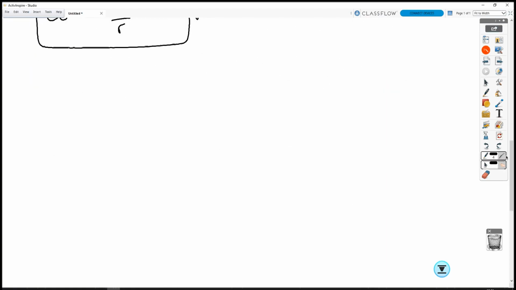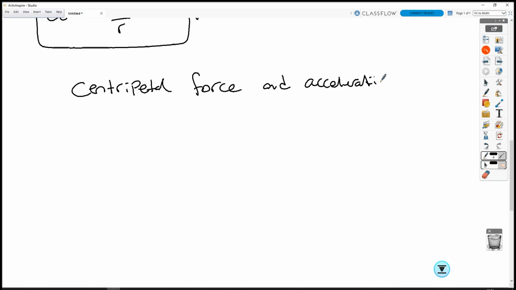So we're going to move on to centripetal force and acceleration. We'll start by writing that down.